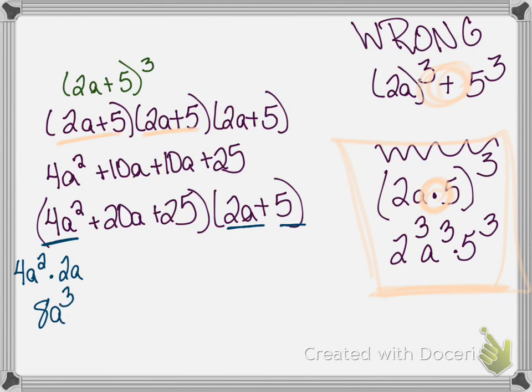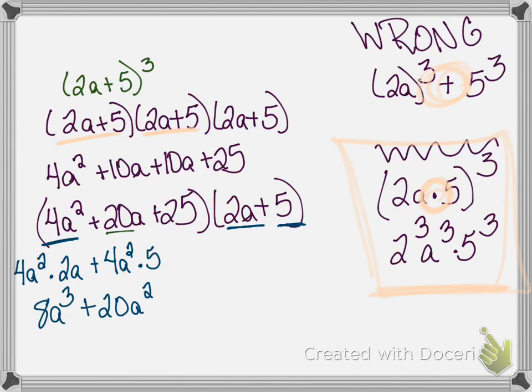If you skip that step where I'm writing 4a squared times 2a, that's okay. Then I've got 4a squared times 5, and I'm going to get 20a squared. Okay? So I've taken my 4a squared and I've multiplied it times my binomial.